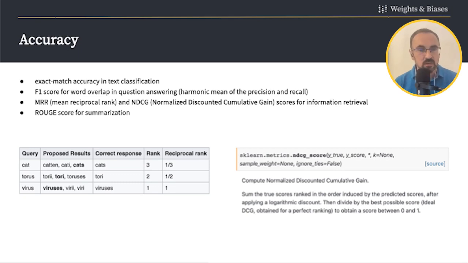In the case of information retrieval, we might evaluate it with mean reciprocal rank or NDCG. And these metrics are pretty established in these different domains. We will not get into the detail to understand them, but I recommend you check them out if you try to understand the information retrieval use cases or summarization. It might make sense to look into the details of these metrics.